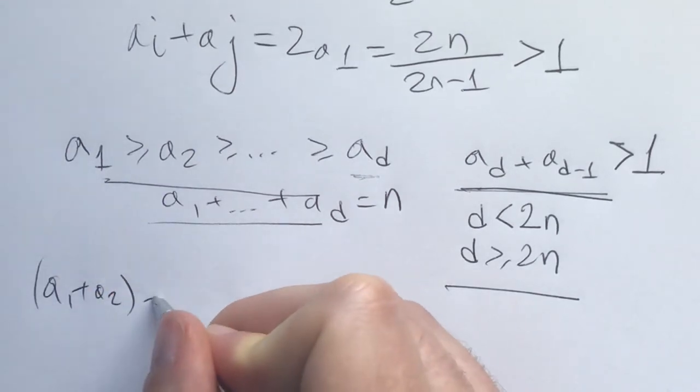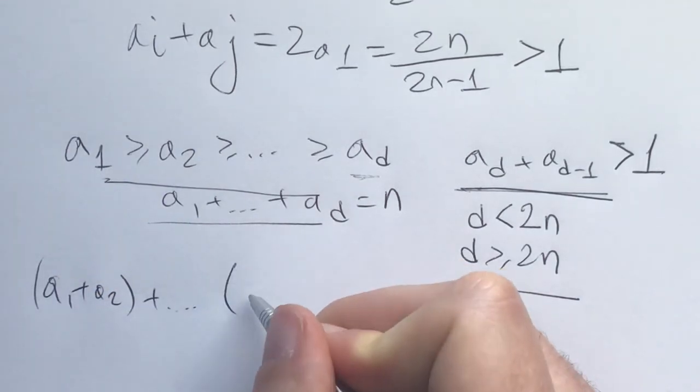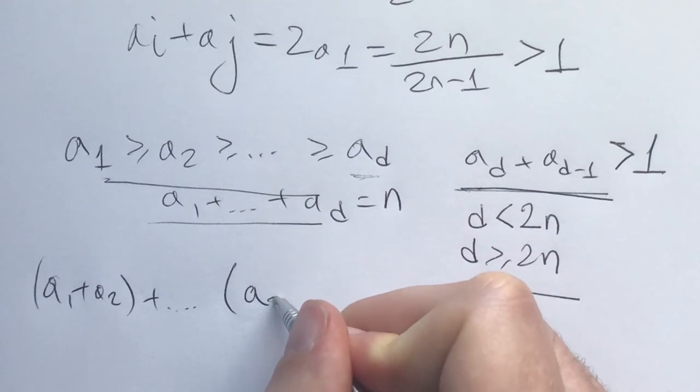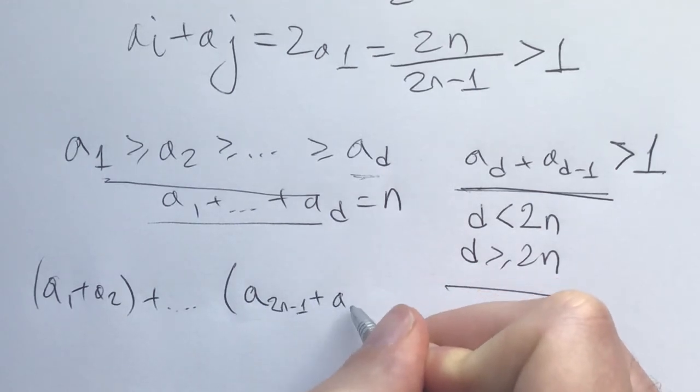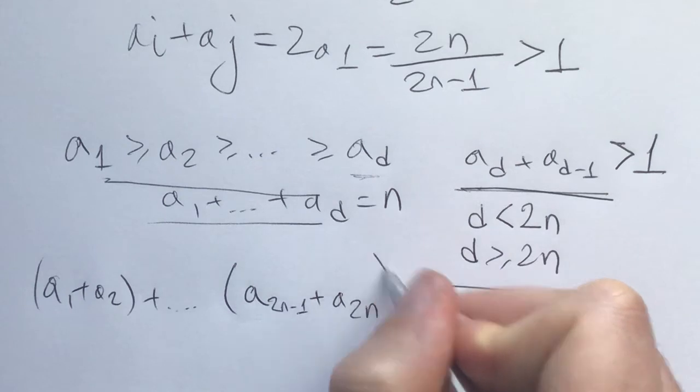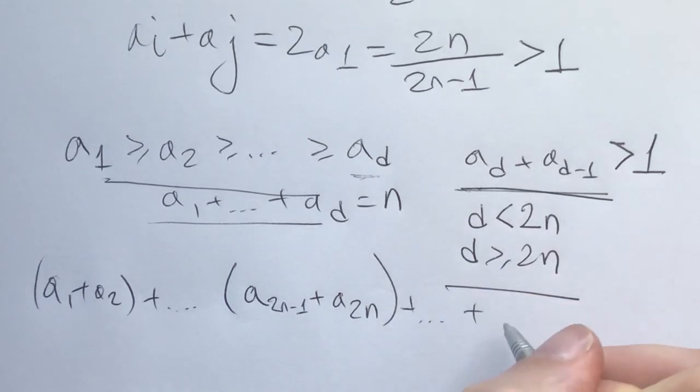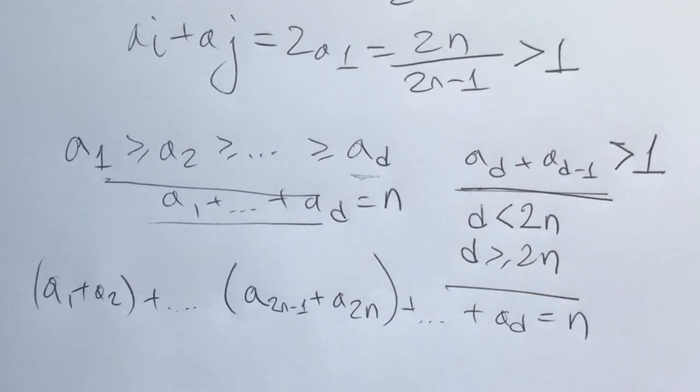A1 plus A2 plus all the way till A2n minus 1 plus A2n. This could be AD plus all the way till AD is equal to n.